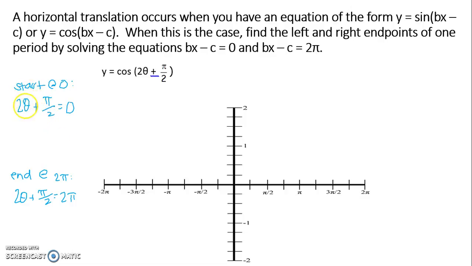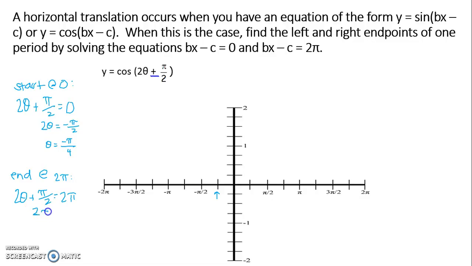And then I'm solving this. I'm trying to solve for theta, so I'd subtract my pi over 2. So I have negative pi over 2. I would divide both sides by 2. Negative pi over 2 divided by 2 is negative pi over 4. So that would be right here for my starting point.